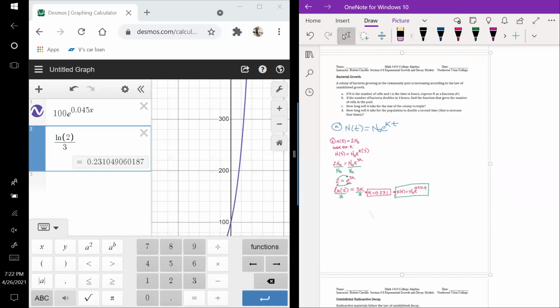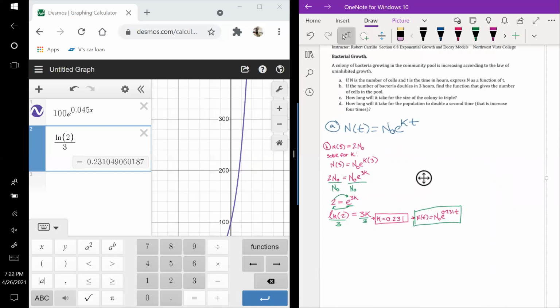Okay, C. How long will it take for the size of the colony to triple? So for C, we are looking for time because it says how long. So the clue they're giving us is that after T hours, the original amount will triple.